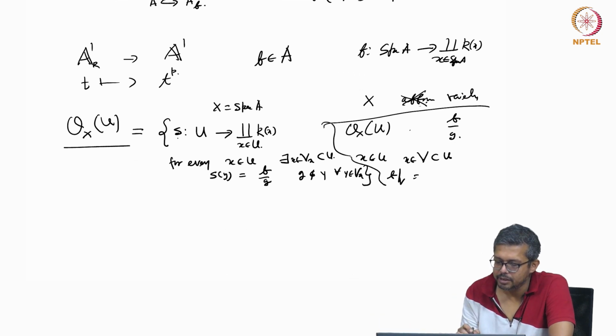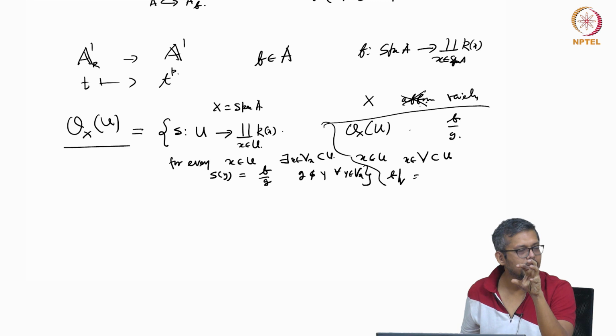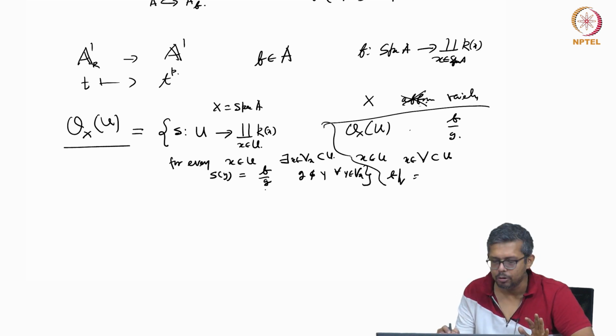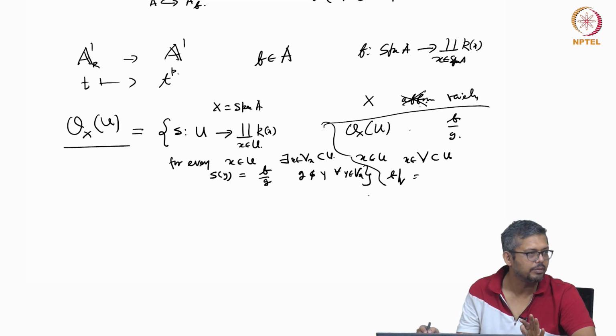So what does it say? These are all the maps. You can think of these as the set of maps from U to this. For every point in U, you get a neighborhood around that point, such that this function looks like f by g. Of course, to define s(y) equal to f by g, g(y) should not be 0, which is the same as saying that g does not belong to the prime ideal y.